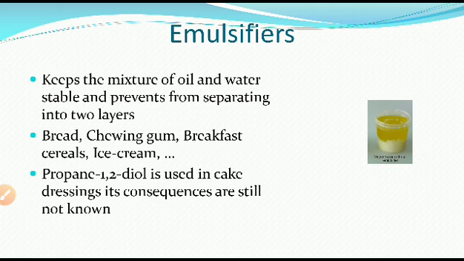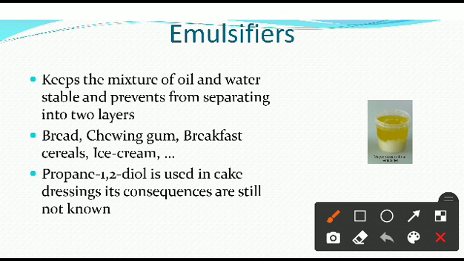Next additive is the emulsifier. What is the function of the emulsifier? It keeps the mixture of oil and water stable and prevents it from separating into two layers. You can see in this picture the mayonnaise without the emulsifier. That means the oil and the solid part separate out if we don't use the emulsifier.